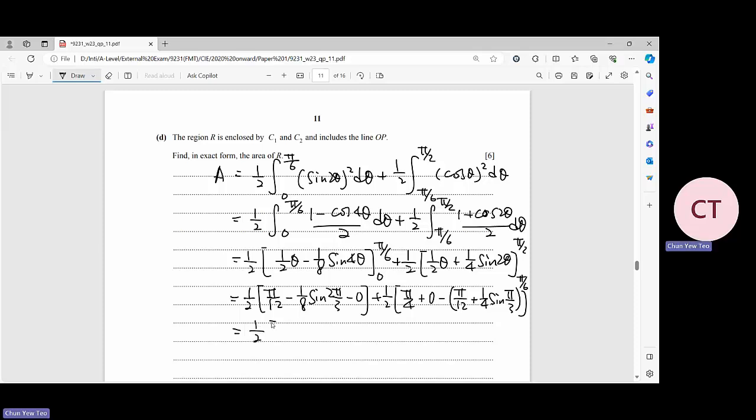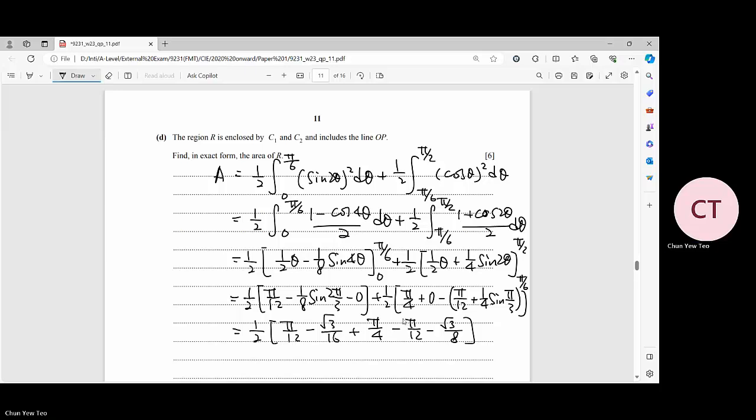Sine 2 pi over 3 is root 3 over 2. I factorize the half out. So I will get pi over 4 here minus pi over 12, then minus root 3 over 2, root 3 over 4, root 3 over 8.